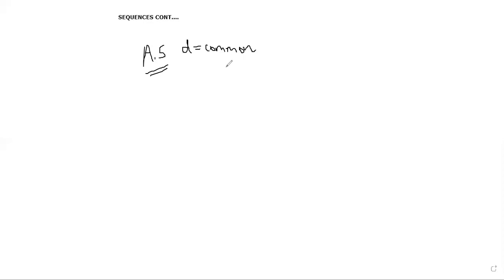And we know that it uses this formula, right? We know that this represents the first term, this represents any term, and this represents the common difference, whereas this represents your general formula or your nth term, as I said in the previous video, that they can say find the general formula or the nth term.